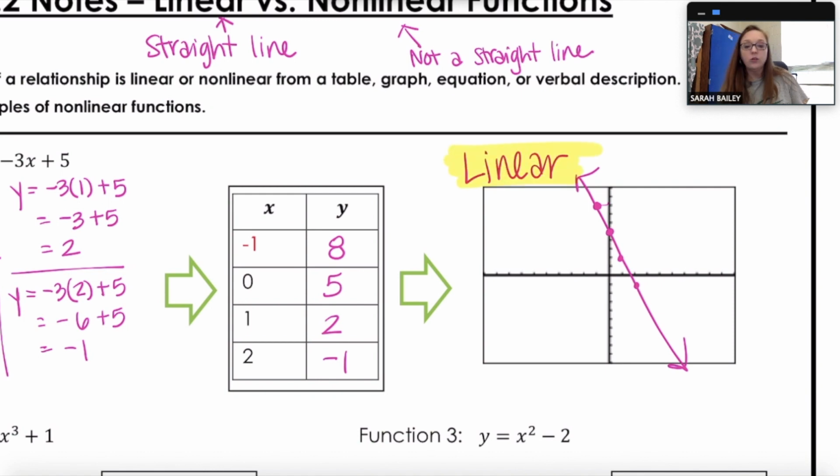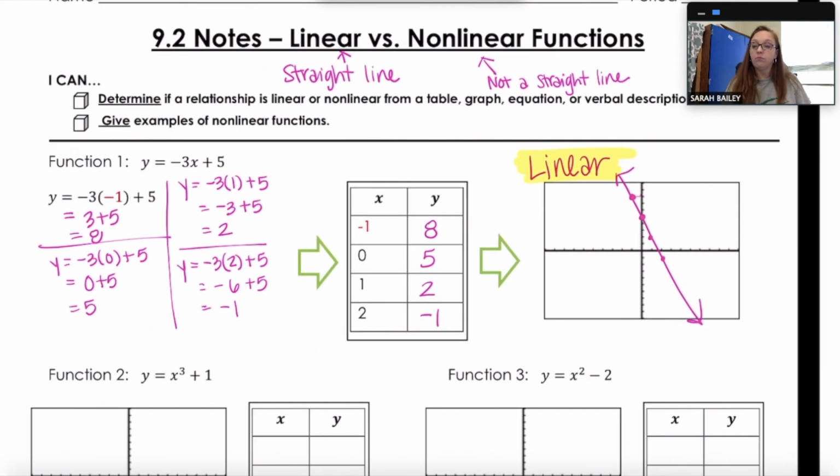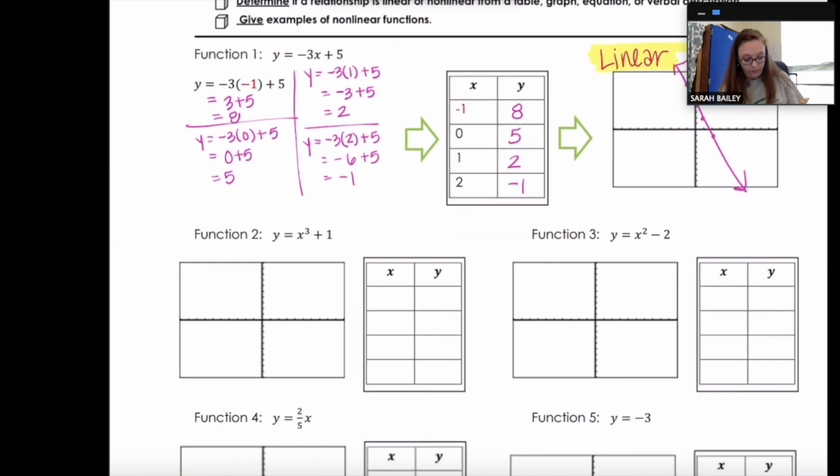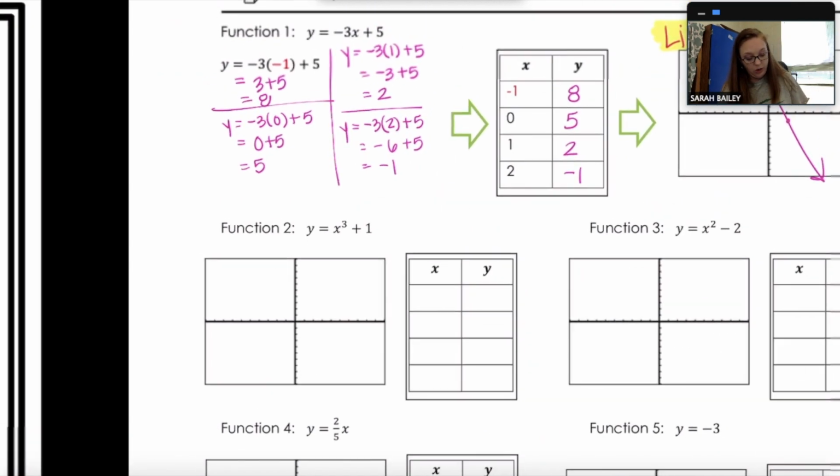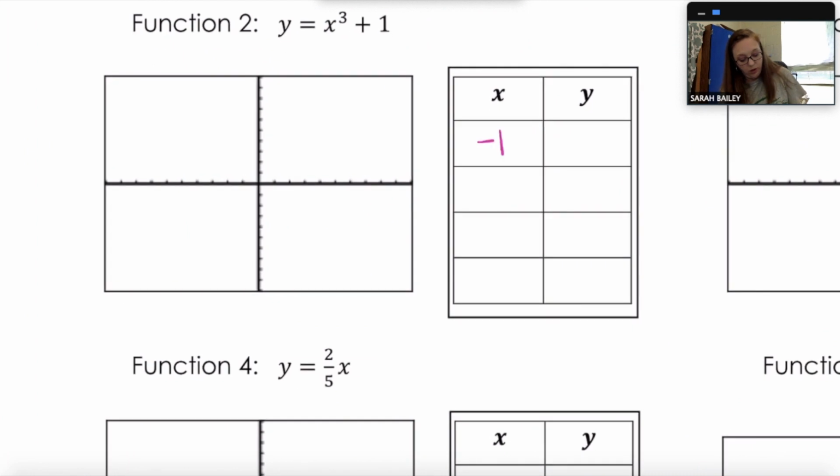Okay, let's try another one. Let's look at function number 2. This time we've got to graph y equals x cubed plus 1. What values should we choose for x? We can do the same thing that we did before. We started with negative 1, 0, 1, and 2, and we can use those same values.